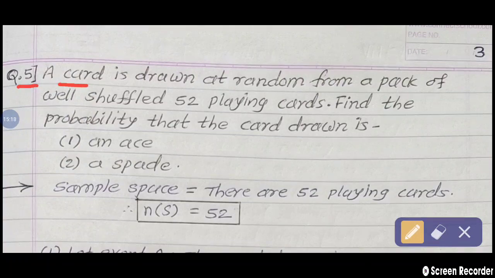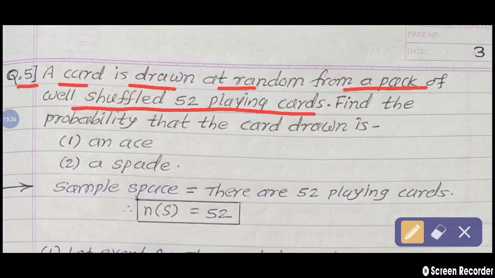A card is drawn at random from a pack of well-shuffled 52 playing cards. All of you know about these 52 playing cards. There are total 4 suits or types such as diamond, club, spade, and one more, which one?